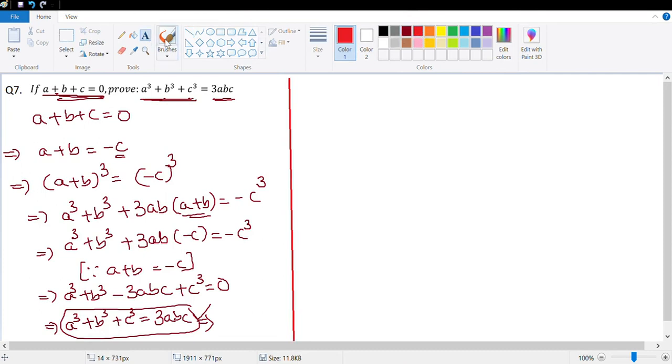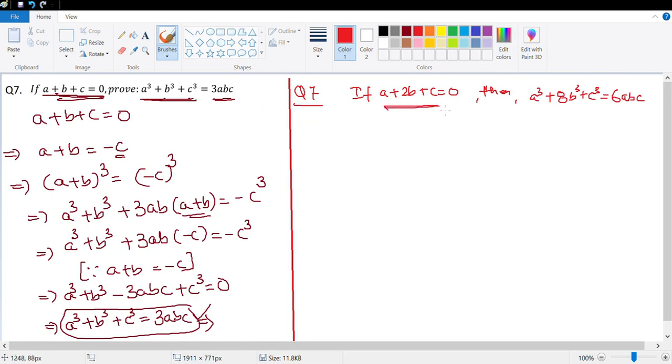The question given in your book, question 7, is if a plus 2b plus c is equal to 0, then a cube plus 8b cube plus c cube is equal to 6abc. Now, since the sum of these 3 terms is given 0, then I know the sum of the cubes would be equal to 3 times first term into second term into third term.